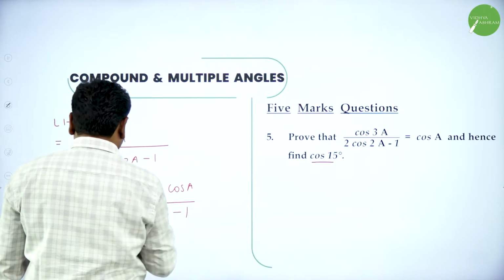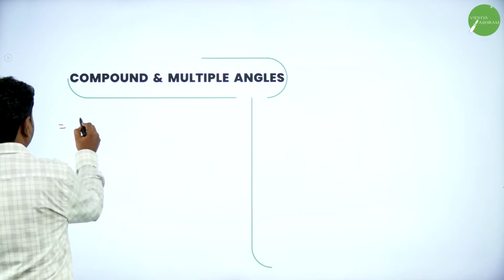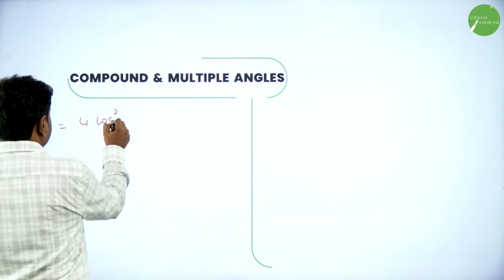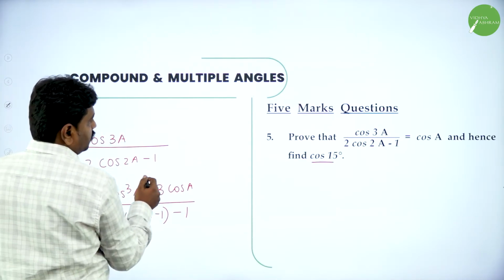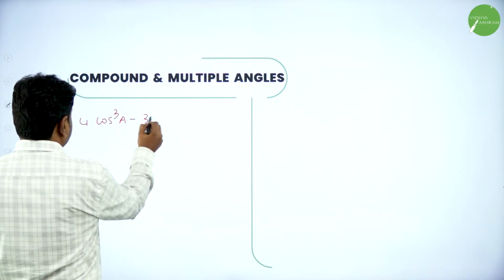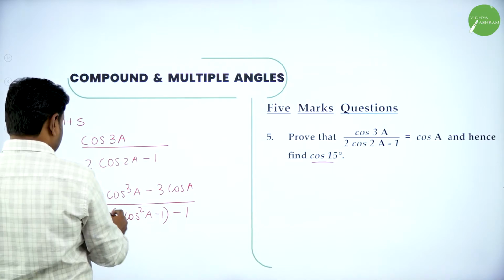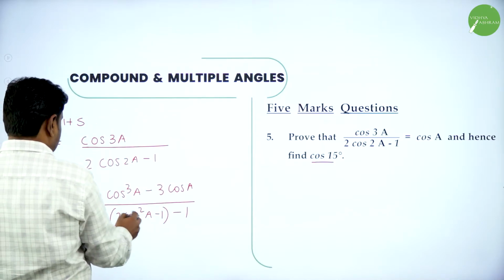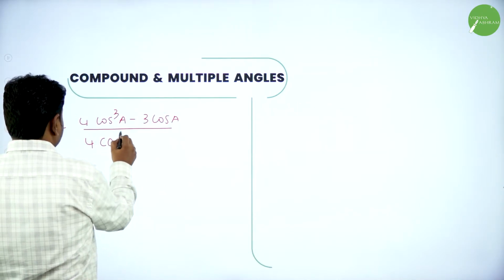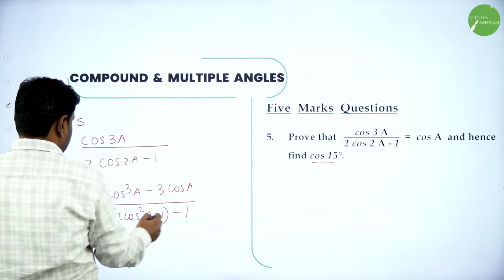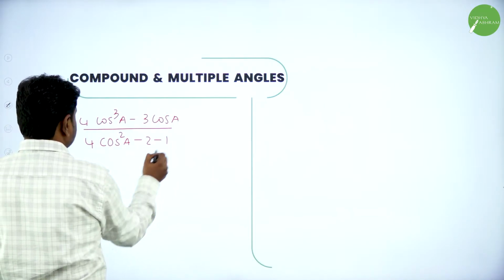Simplify this further. So in the numerator we have 4 cos cube a minus 3 cos a, divided by 2 times 2 cos square a minus 1 minus 1, which is 4 cos square a minus 2 minus 1.